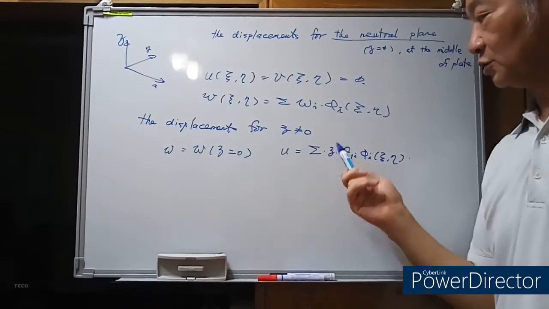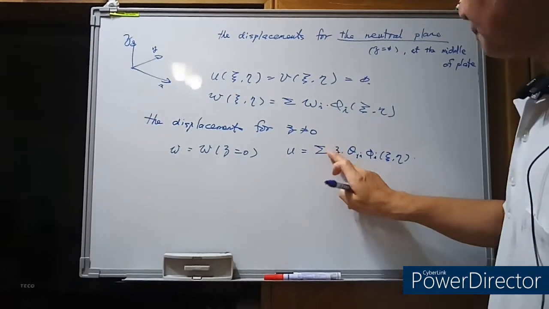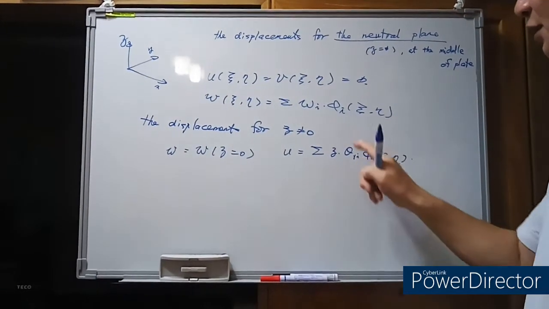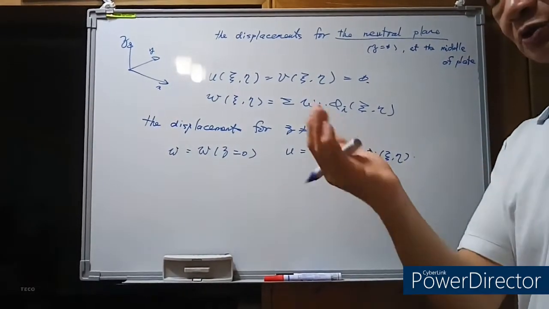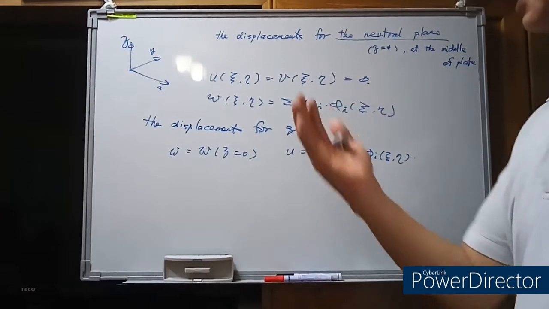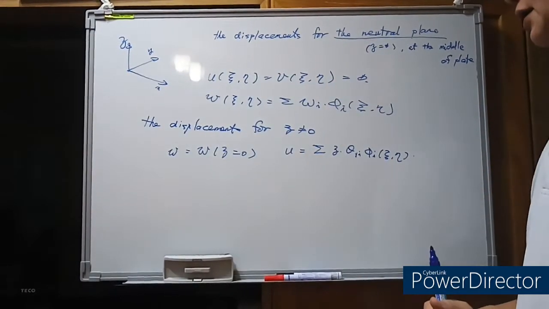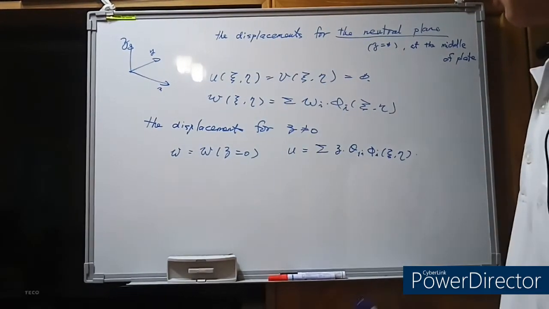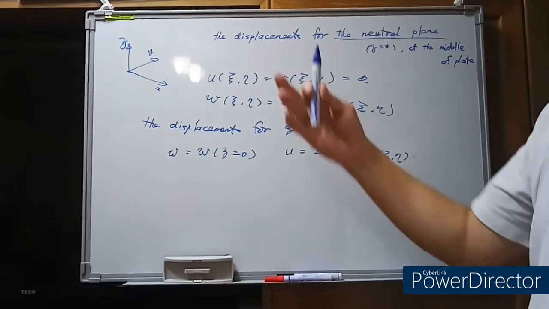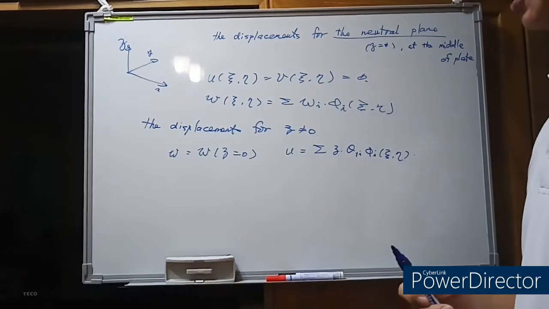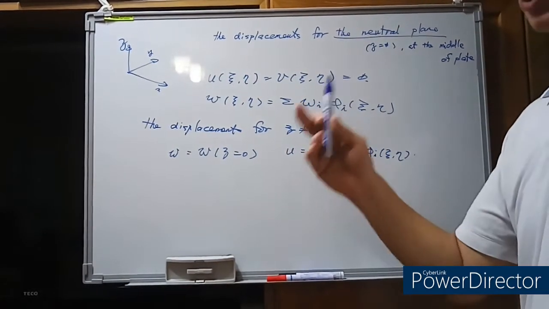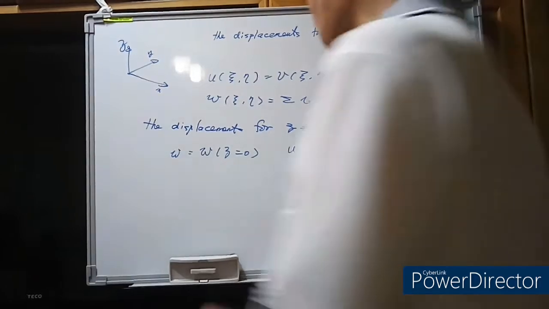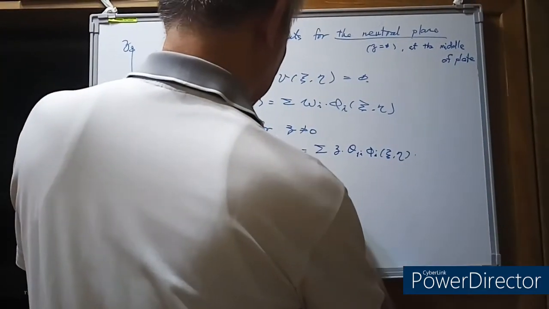So we need to multiply the z to the rotation angle theta y, then we can get the corresponding displacements along the x directions. Okay, the same situations can be used to consider the displacement along the y directions. So they will be the v.